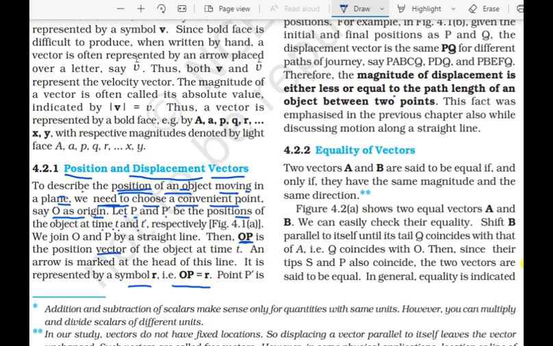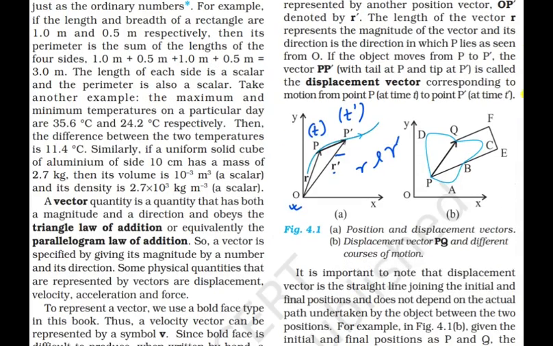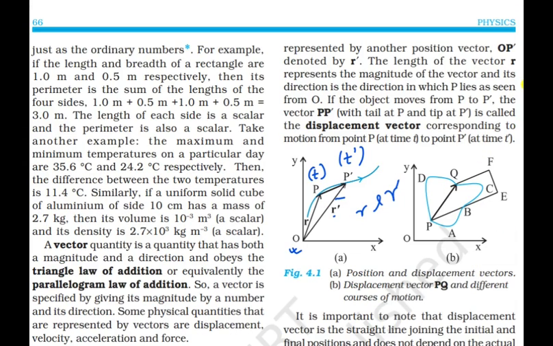That is, OP equals R, and point P dash is represented by another position vector OP dash, denoted by R dash, as I have already told.